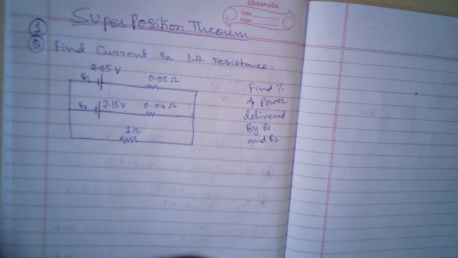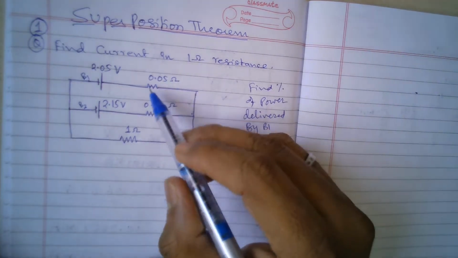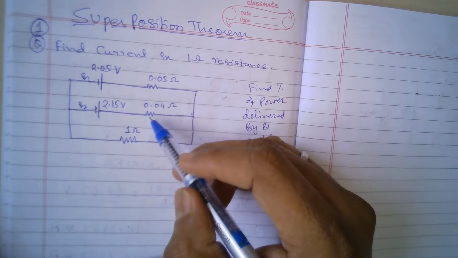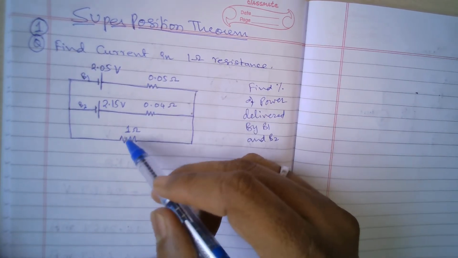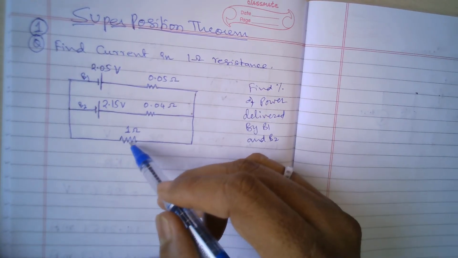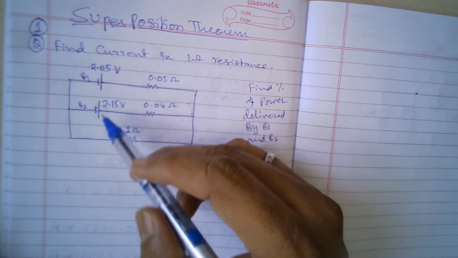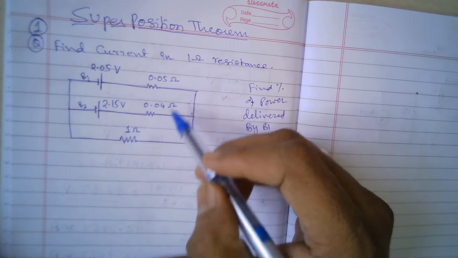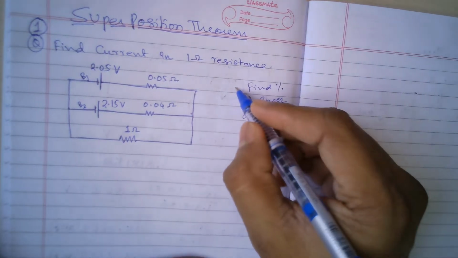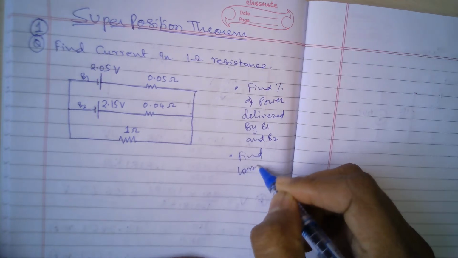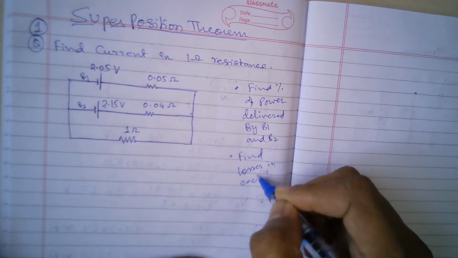Now when you say percentage of power, there is a certain power loss also inside these 2 resistances, so the power supplied by these batteries will be more than the power received by the 1 ohm resistance, because there will be some losses. So also let's find the losses in each battery.